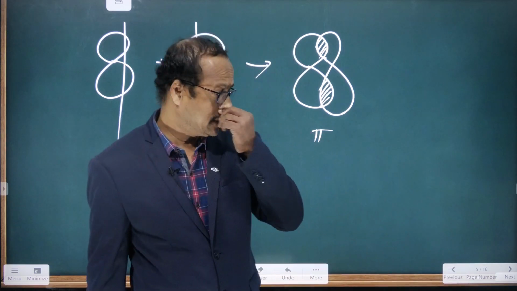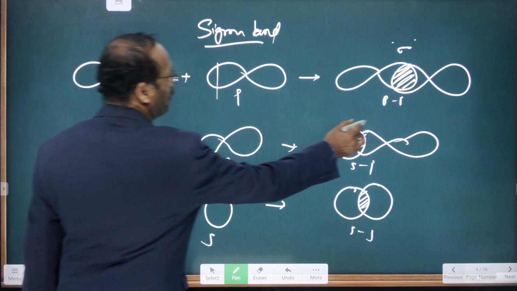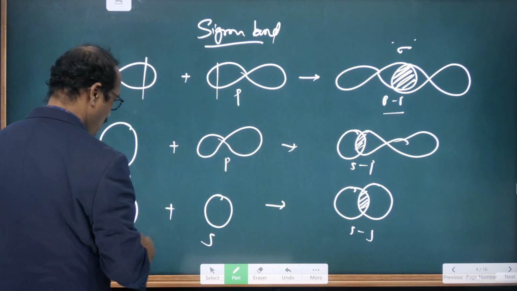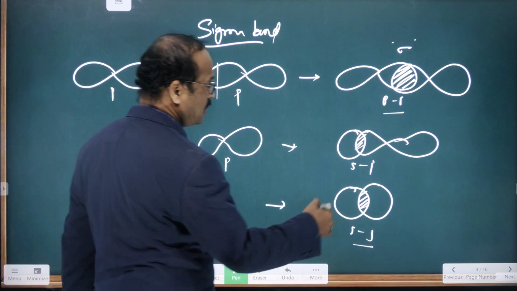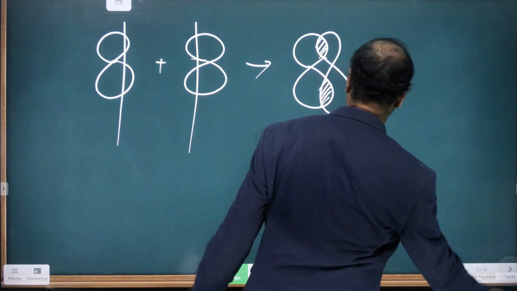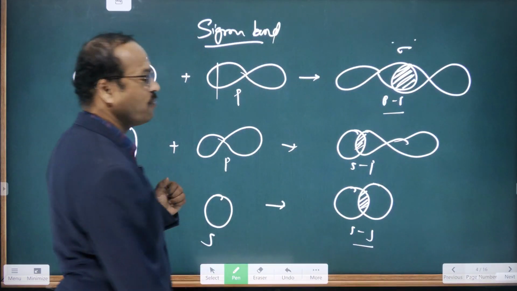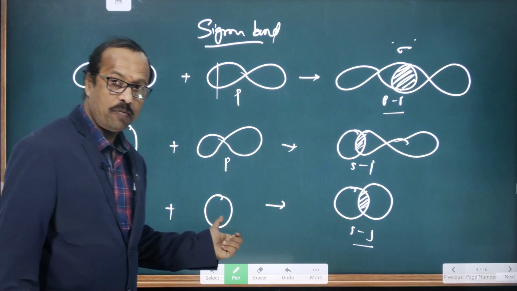Now the question arises: in the previous slide we discussed that p and p form the PP sigma bond, s and p form the SP sigma bond, and SS forms the SS sigma bond. Here in the next slide, PP is forming the PP pi bond. Can an S and P bond form a pi bond? No. Can S and S form a pi bond?